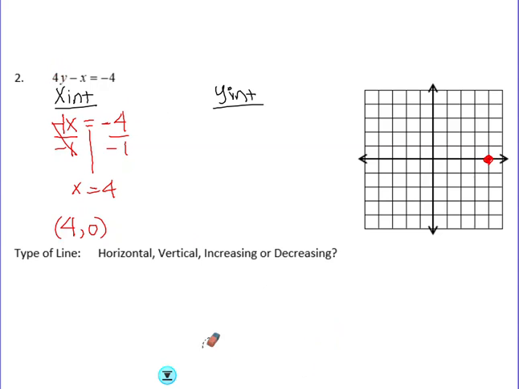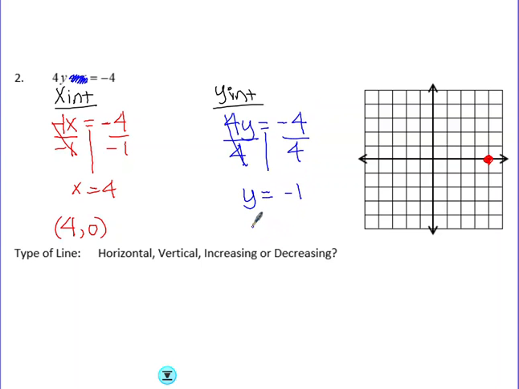To find the y-intercept, I'm going to cross out the x term, and I have 4y equals negative 4, and then I solve. So I divide both sides by 4, and I get y equals negative 1.